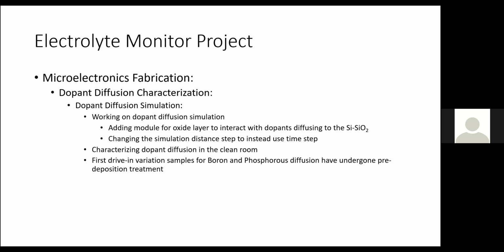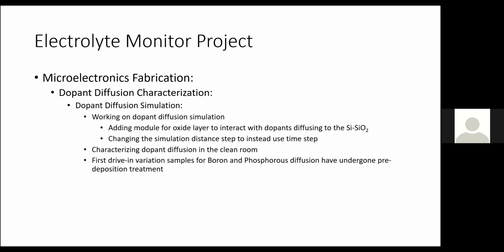For this quarter, we've been mainly working on a simulation and characterization of the dopant diffusion that takes place in the microfabrication, because we do not have access to ion implantation there. This dopant diffusion simulation is working currently, but it's rather basic. We're currently working on adding modules to differentiate different layers, so that there's diffusion between the silicon and silicon dioxide layer instead of just air and silicon or a vacuum and silicon.